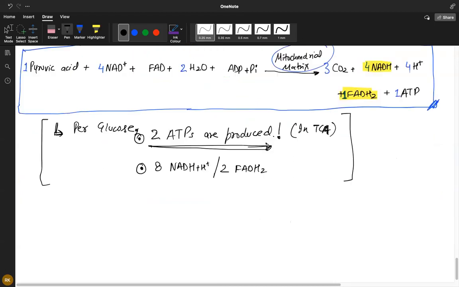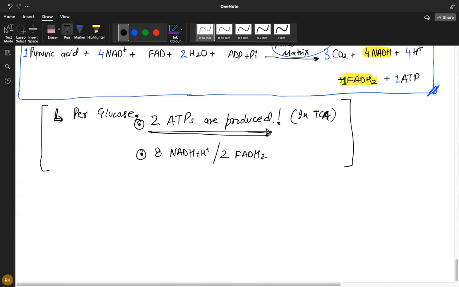Now, these molecules, so write down, let's write something. Have you written this? That till now, till TCA per glucose, we get 2 ATP in TCA and 8 NADH and 2 FADH2. Everyone has written that?